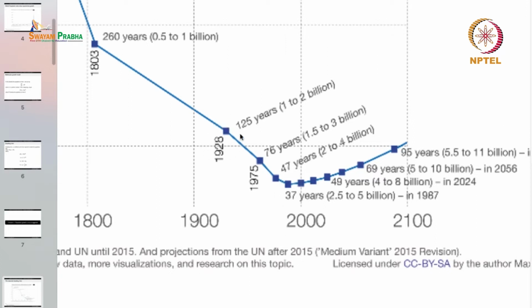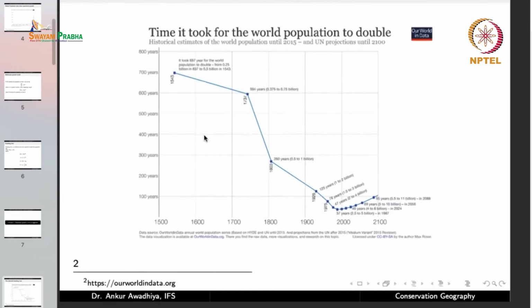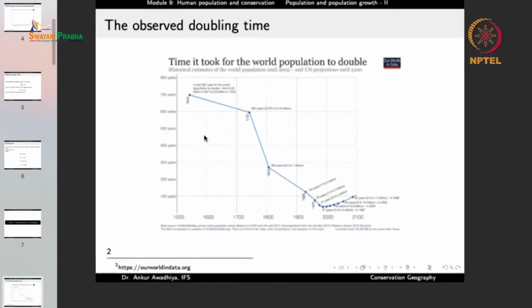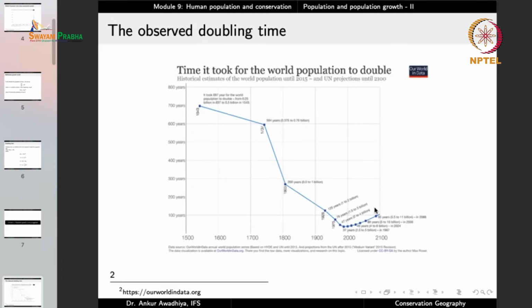For instance, in 1928 it took 125 years for the population to increase from 1 to 2 billion. In 1975 the population doubling time was roughly 76 years, because it had taken 76 years to increase from 1.5 to 3 billion. In the year 2000 it was roughly close to 38 years, and the population doubling time has been decreasing and then it starts to increase.